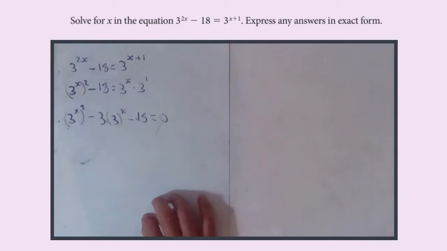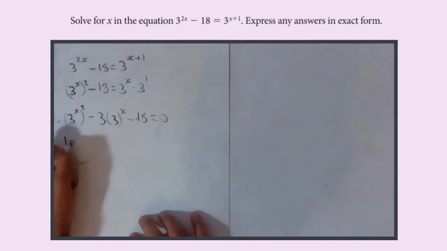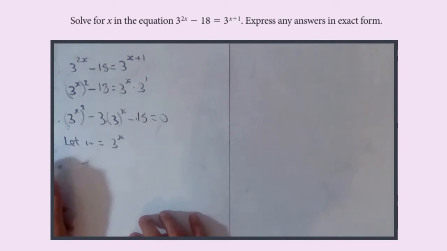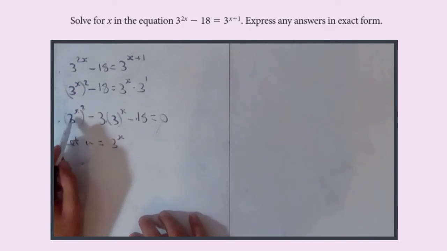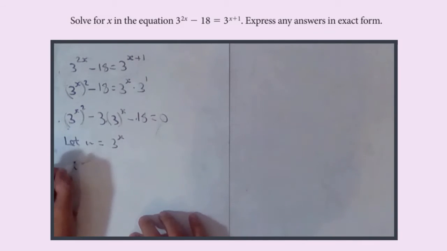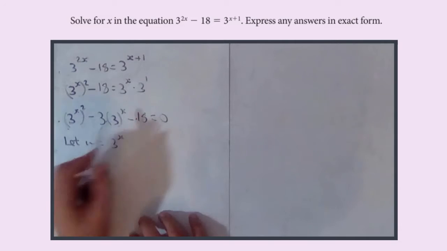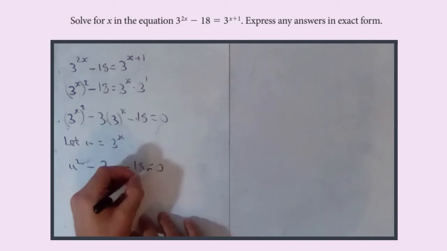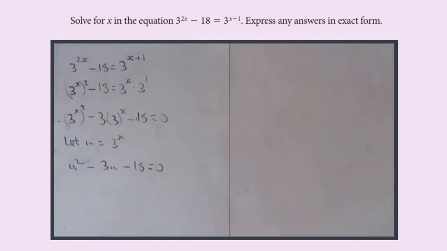Well, it already kind of is, but I can make it look a lot nicer if I use a dummy variable. Personally, I always use a u. So I'm going to say let u equal 3 to the x. So this must be u squared minus 3u minus 18 equals 0. Now we've got a really friendly quadratic in u.